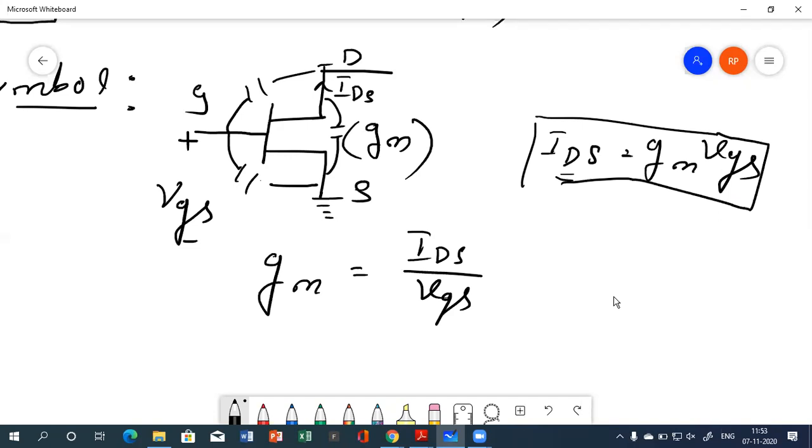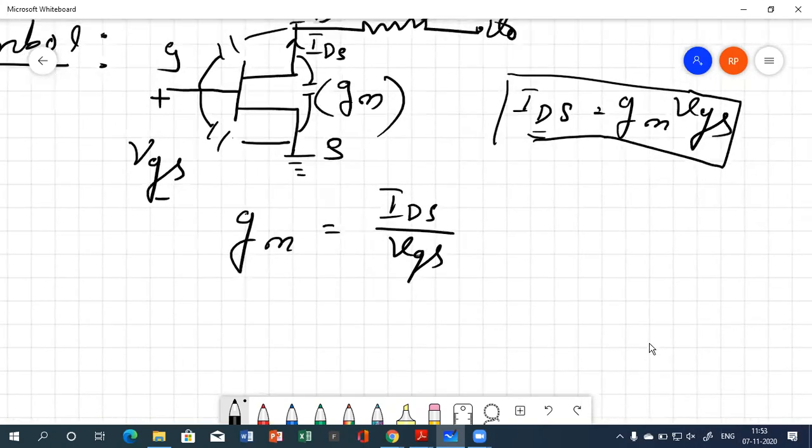And there is one resistor called RD, connected at the output side as a current limiting resistor. Now using this symbol, the junction capacitors and this current source, we are going to draw the small signal equivalent circuit.